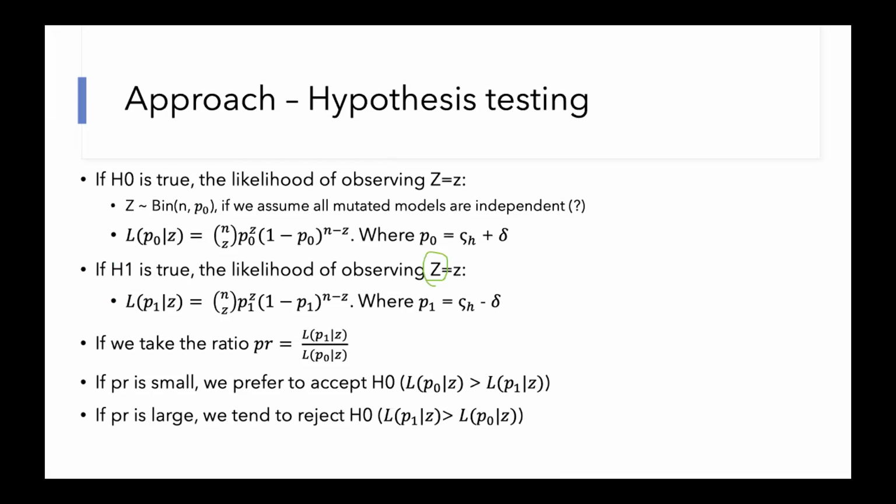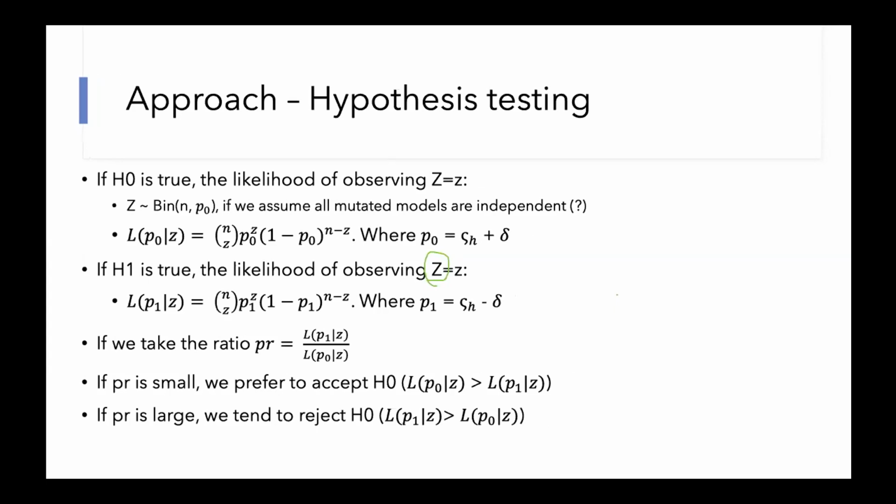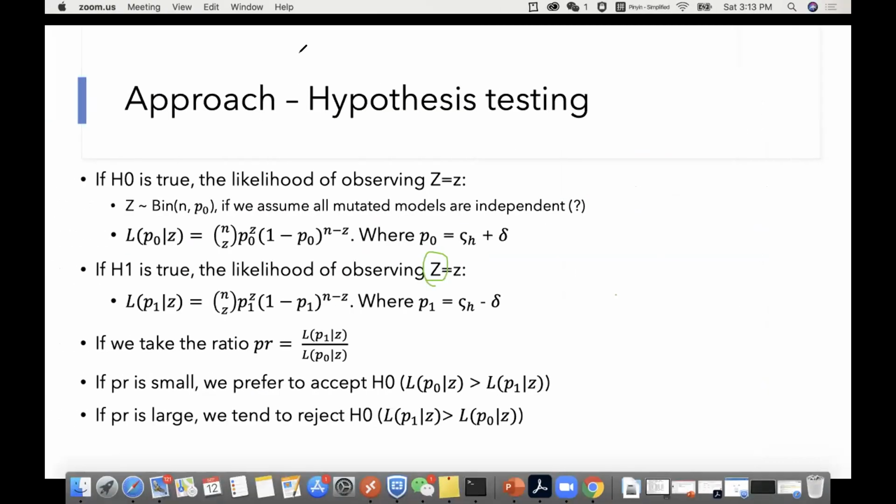Jiangling, do you have any question for this slide? What's capital Z again? Capital Z is the random variable indicating the number of models that changed, given an individual adversarial sample.